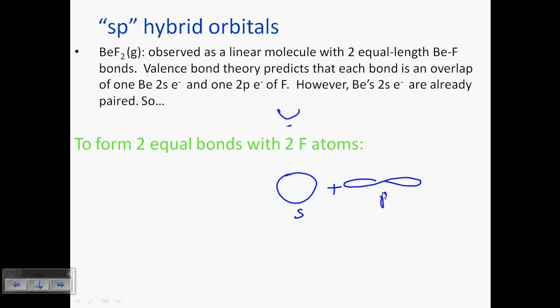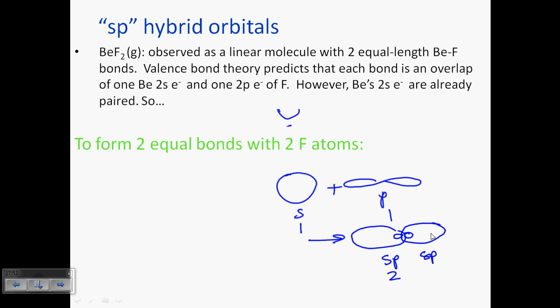And because they are mixing in a 1-to-1 ratio, the sp hybrid orbitals are a little less circular than s, but a little bit more rounded than the p. So one s and one p atomic orbital mix to form two sp hybrid orbitals.